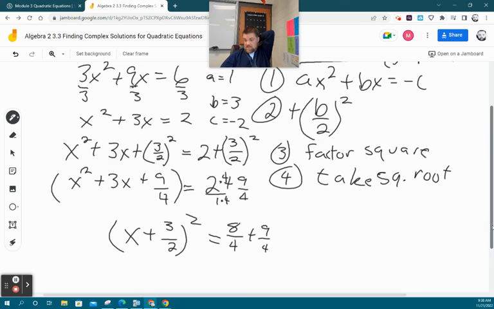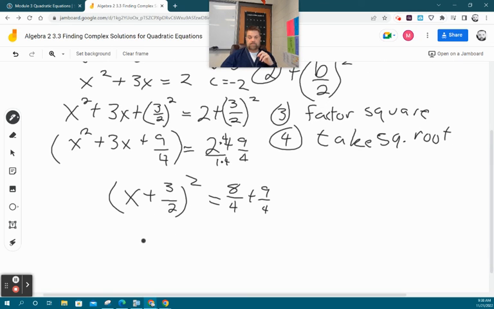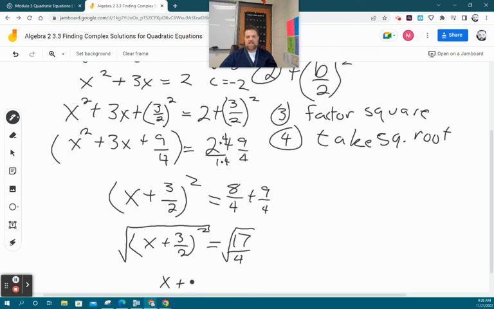And so in the next line, I get x plus 3 over 2 squared is equal to 17 over 4. And so now that I factored that, I could take the square root of this and the square root of this, and I get x plus 3 over 2 is equal to plus or minus the square root of 17 over 4.